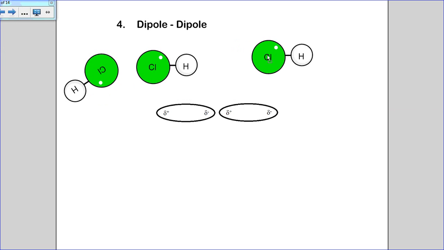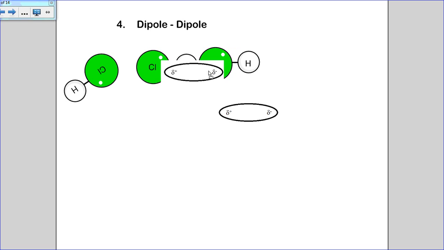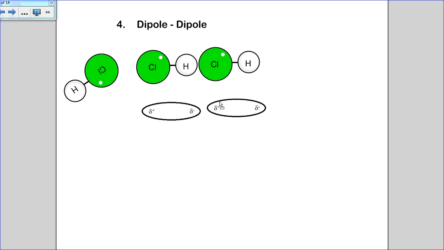If another HCl molecule comes nearby, the chlorine, which is negative, will be attracted to the hydrogen side, and we get a dipole-dipole interaction where they are connected. We can depict it using this diagram below. The positive is attracted to the negative and vice versa.